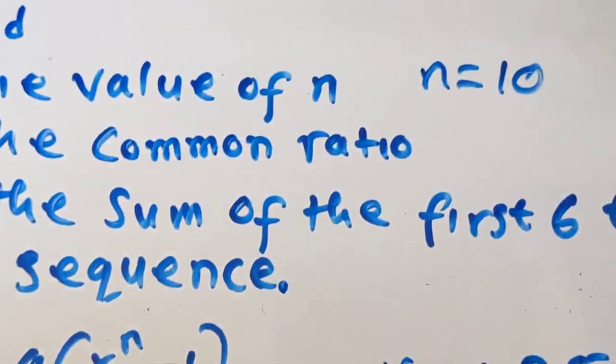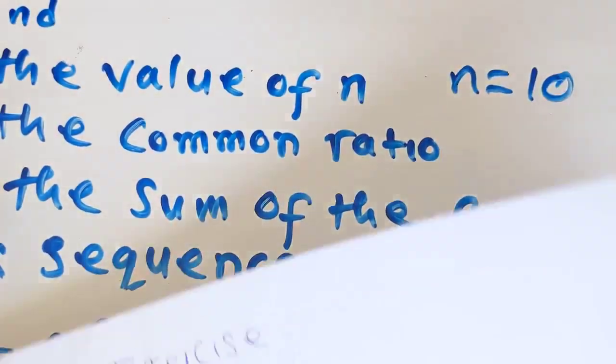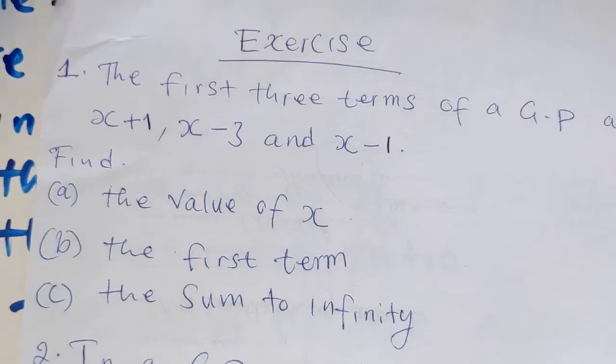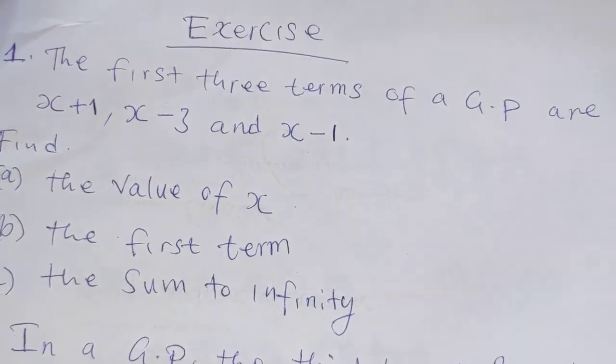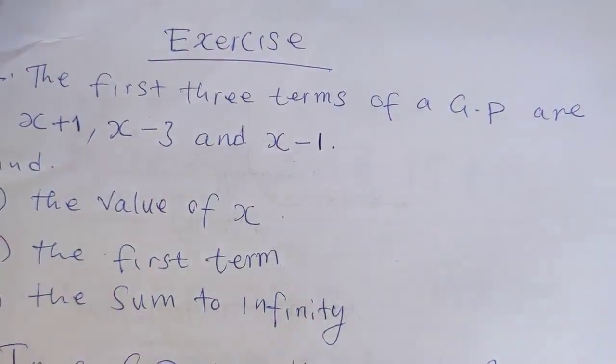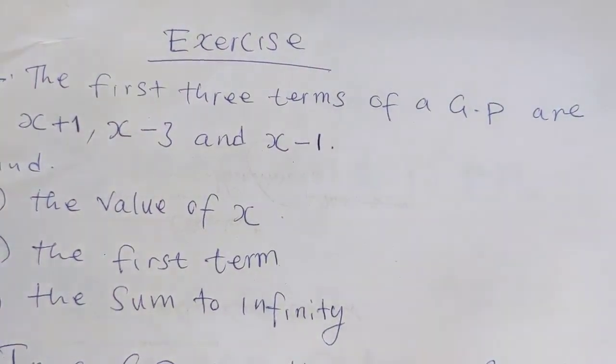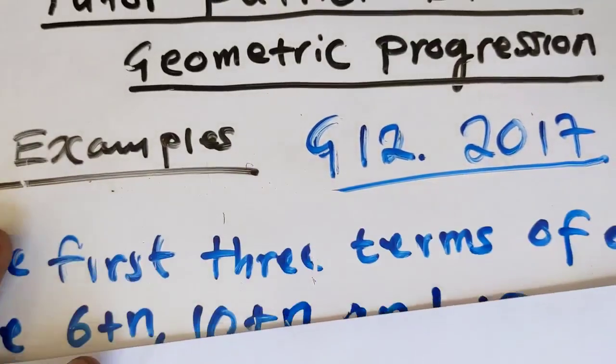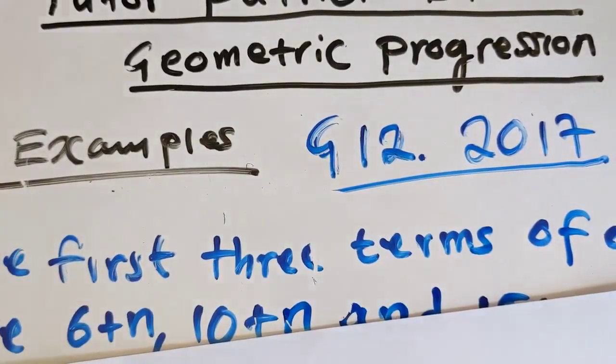I want to give you this work as your exercise so that you practice on your own. Make sure that you submit your answers to the same number that is right here. Let me just write my number right here.